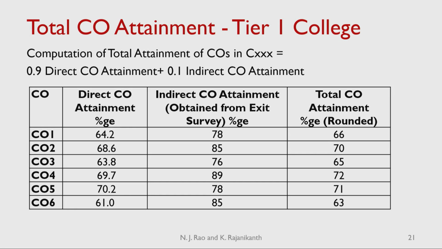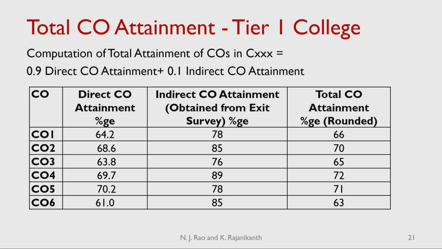Then the total attainment of a CO is computed by combining the direct attainment with the indirect attainment in appropriate percentages. In most of the institutes, the weightage given to the indirect attainment is no more than 10%. We already mentioned that the indirect CO attainment is based on the perceptions of the students and thus it is given a low weightage.